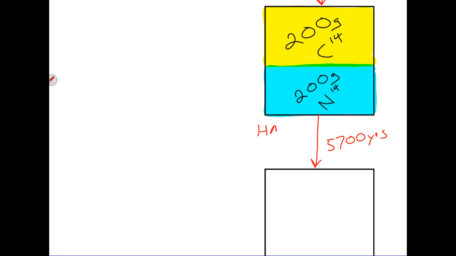Another half-life goes by. It's not that all of the carbon is now gone, only half of the carbon that was there. So we had 200 grams, and now we're going to be down to 100 grams of carbon-14. The rest of the stuff is going to be the nitrogen-14.